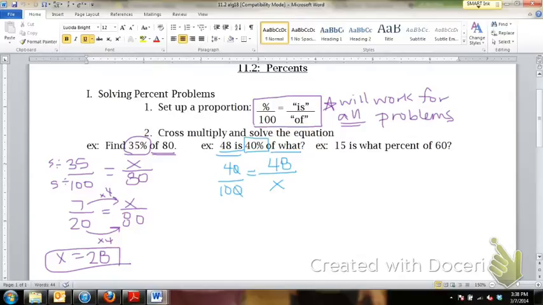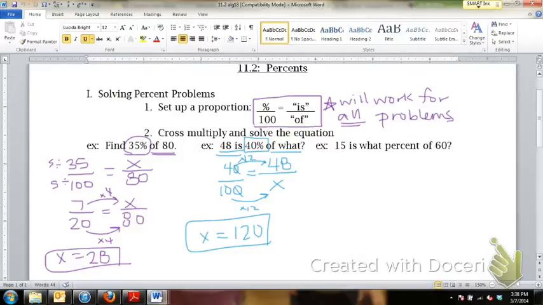I can chop a 0 off, and now I could reduce this more, but 4 already goes into 48. It goes in 12 times. So if I do the same on the bottom, 10 times 12, that's easier to multiply. X must equal 120. So pretty nice. We're getting all good ones that we can cheat.